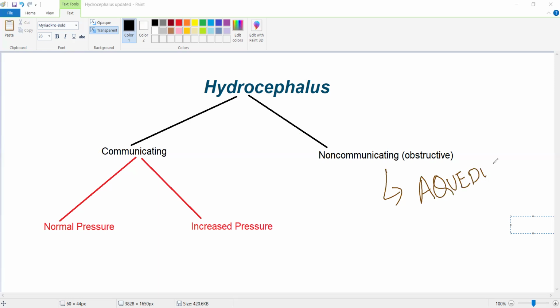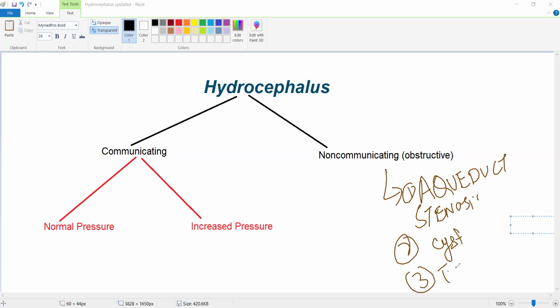A second cause is a cyst blocking the foramen of Monroe, or a tumor obstructing the flow of CSF. So that is non-communicating hydrocephalus.